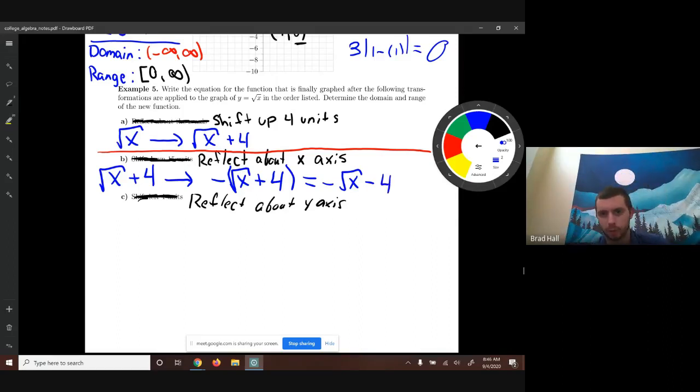And the question I normally get is, well, since now we're subtracting 4, doesn't that mean we're going down 4? The answer is actually yes, it does mean that, because here's the x-axis, if you shift up 4 and you reflect about the x-axis, then guess what? Now you're down 4. So this makes sense.